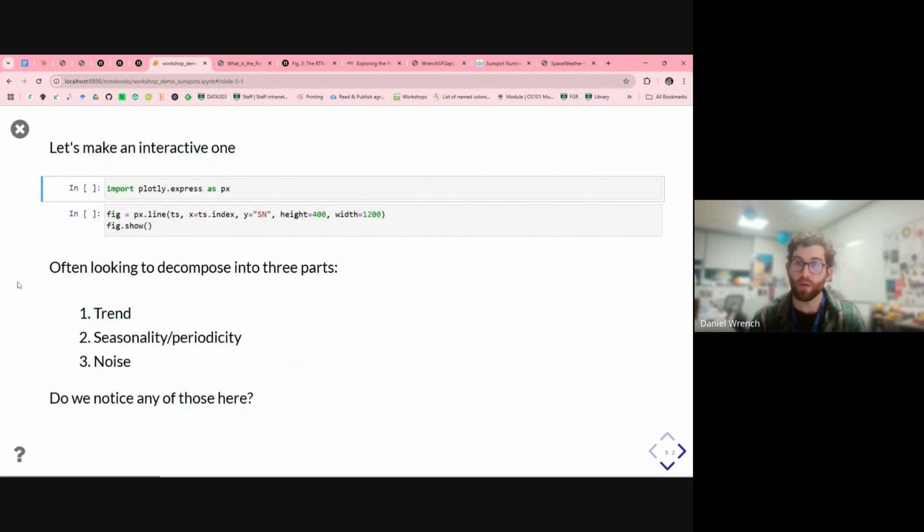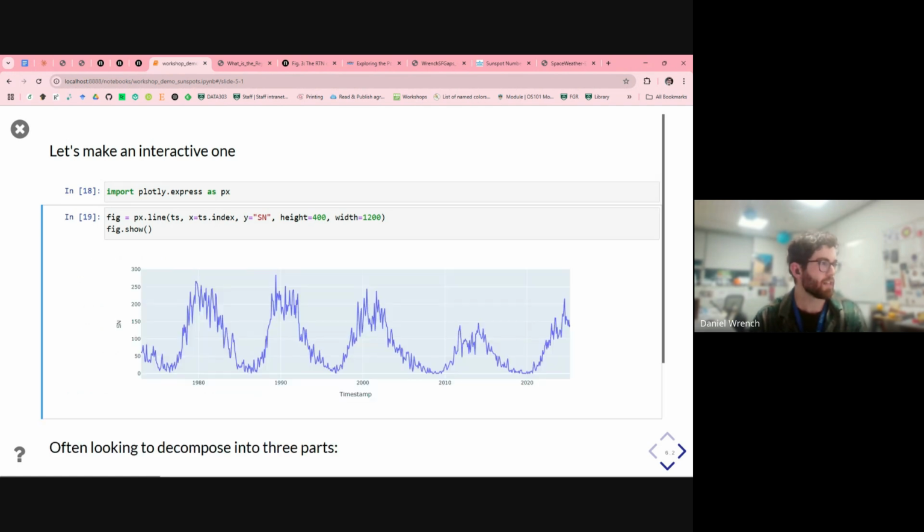Okay, but you may want to be able to explore your time series a bit more conveniently, rather than having to subset different intervals to look at them all. So what I like to do for that is use the plotly library.